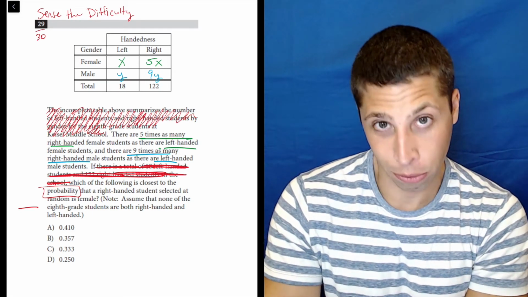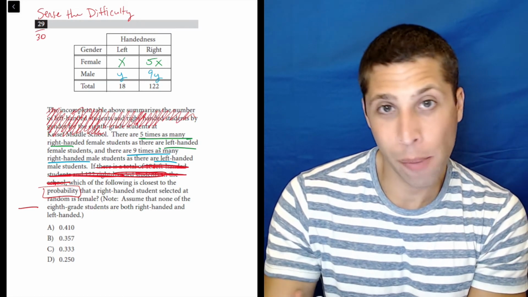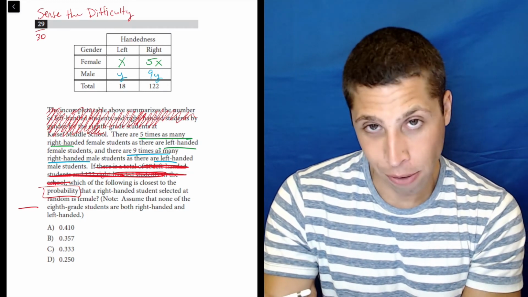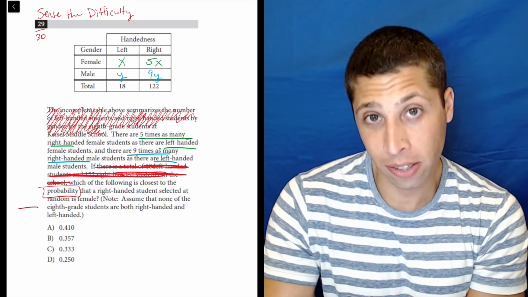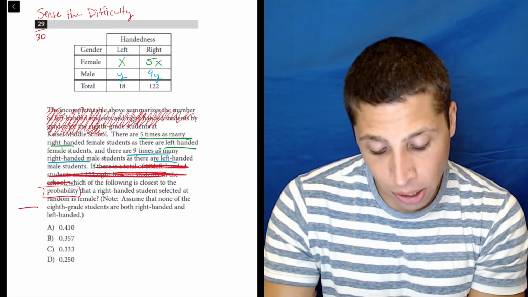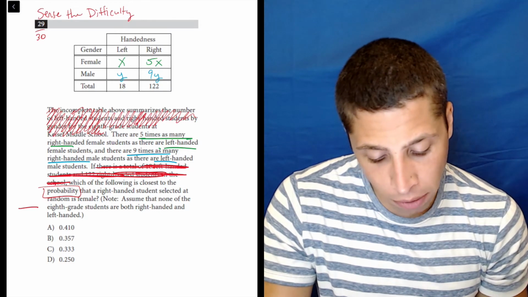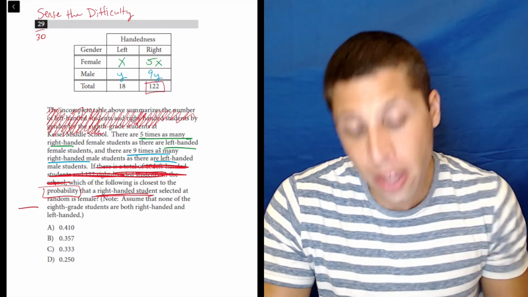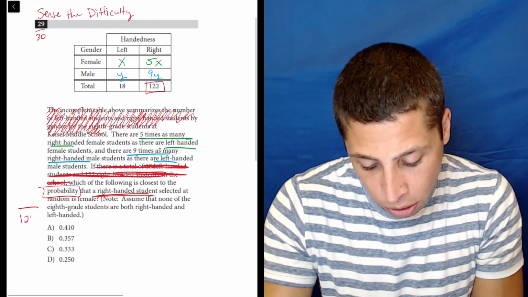Here's the issue. We don't know how many students of each type there are. So we're going to need to figure that out. So I'm going to pause here and not go through the probability piece yet. We know that we're choosing from the right-handed students, so we care about this number of people, 122.